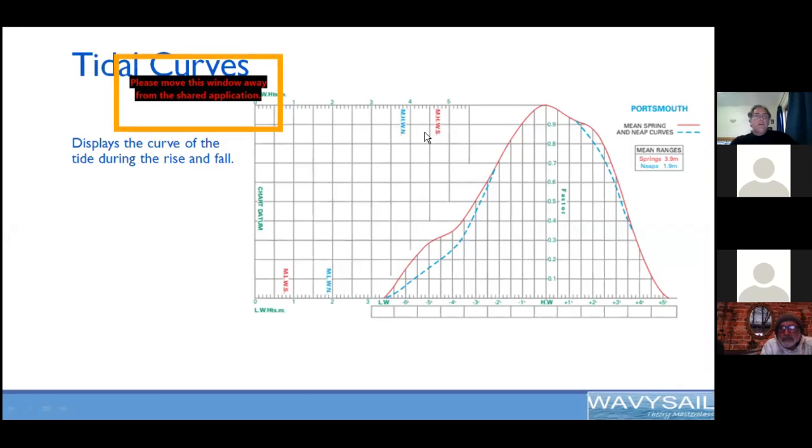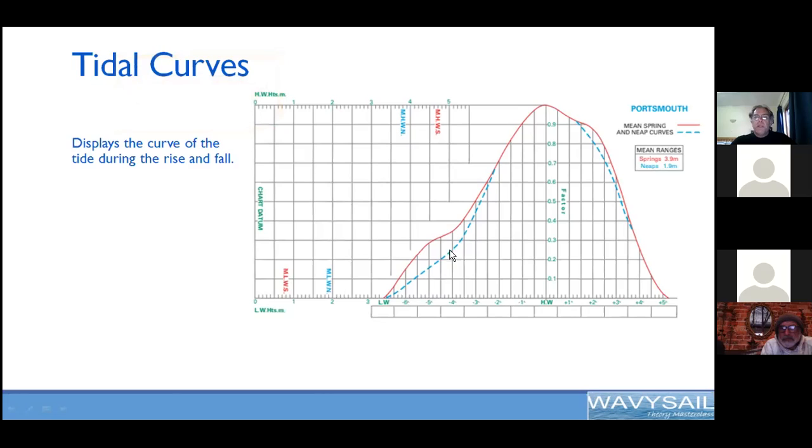The tidal curves. This is the tidal curve for Portsmouth. It's the one I asked you to print out. This displays how the tide rises and falls. This is the daily average for mean springs, the red line, and the blue dotted line, where it comes off the red line, is your neaps curve.